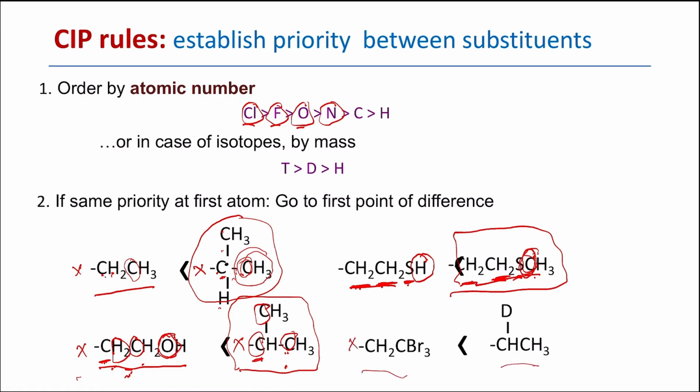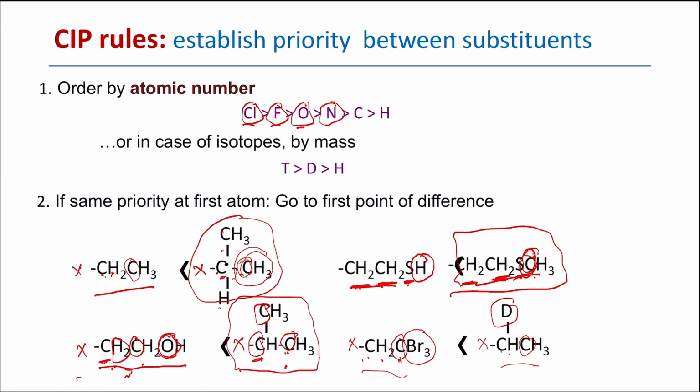So again, the stereogenic center is here. So CH2, here it's CH, and then there is a deuterium and a carbon. This is two hydrogens and a carbon. And this second carbon is attached to three bromides. But again, let's look at the first point of difference.